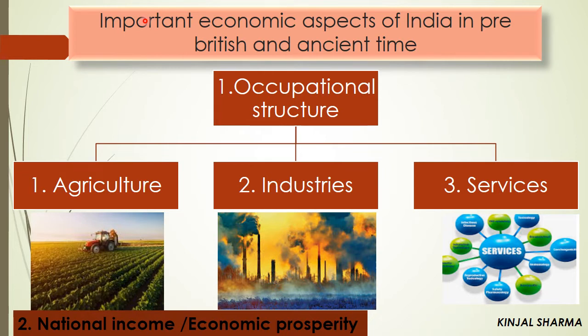This civilization gives us evidence of organization, prosperity, urban planning and development at that time. And from the viewpoint of manufacturing activity, India was known for its cloth, muslin, jute and indigo from pre-British times.